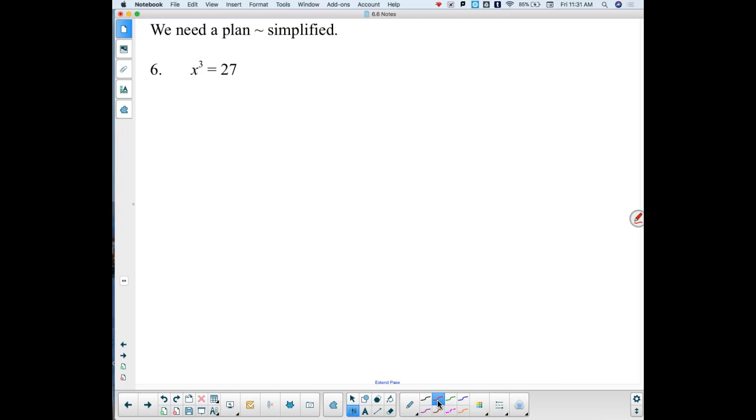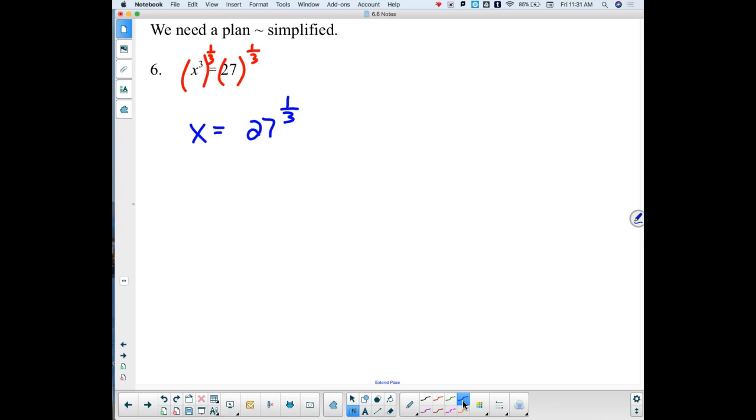I'm taking something to the power of 3, so I'm going to cancel that out by taking each side to the reciprocal of that power. So this becomes x equals 27 to the 1/3 power.